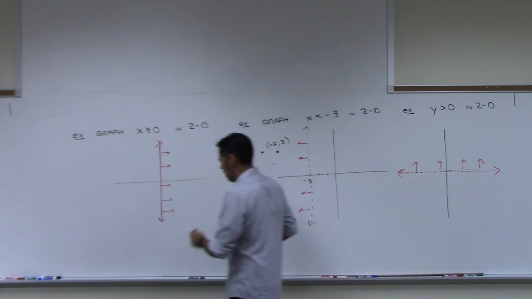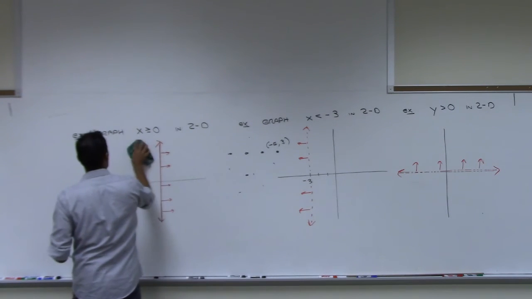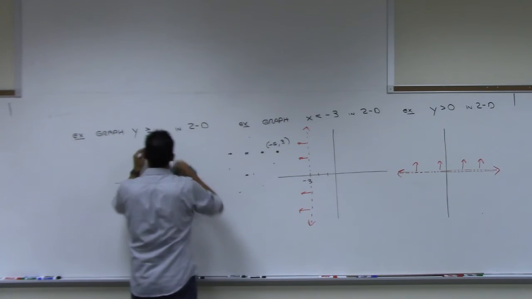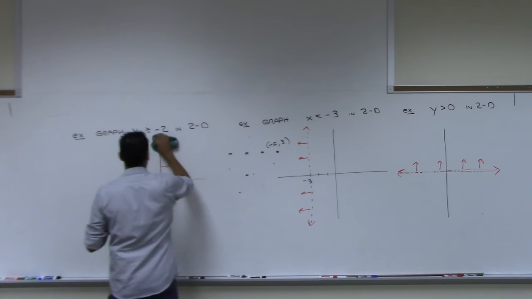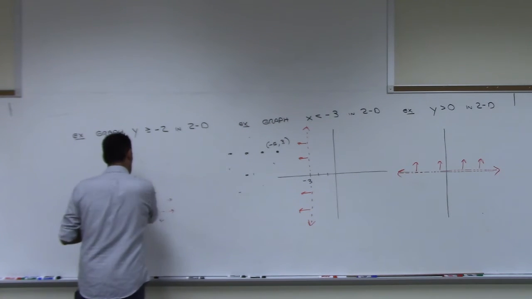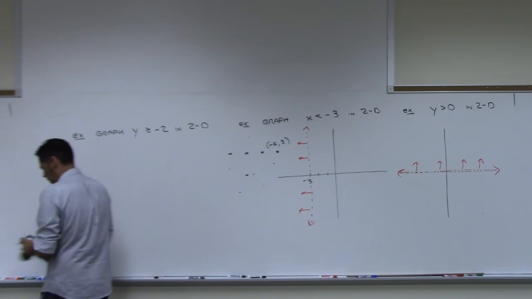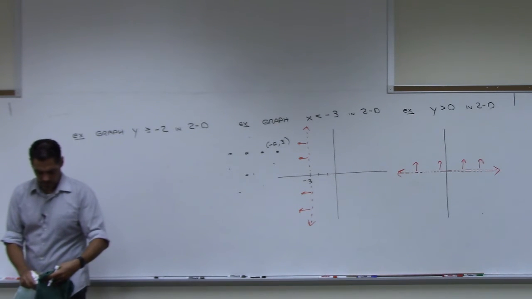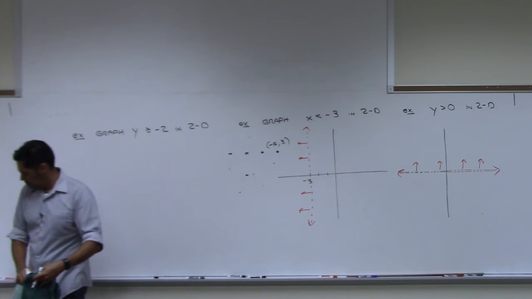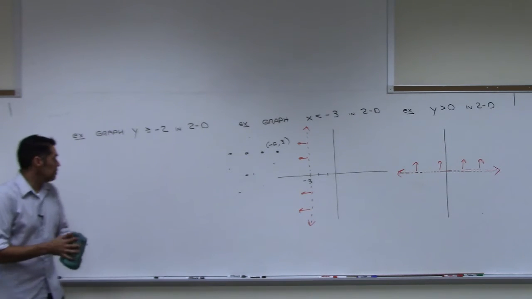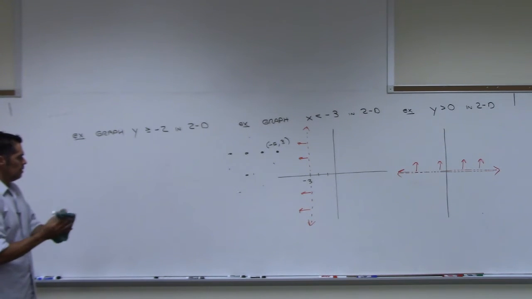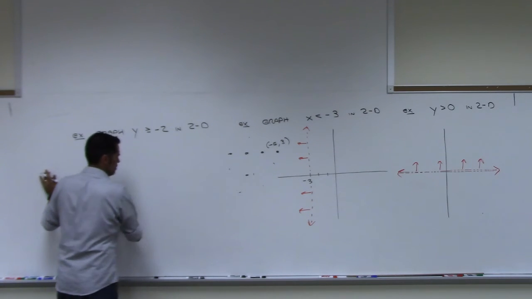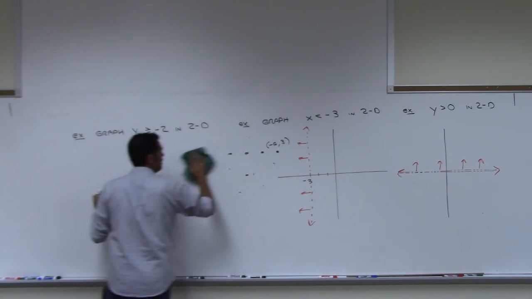One more, and then we move on. Graph y is greater than or equal to -2. So what am I going to draw here? Vertical or horizontal line? Horizontal line.